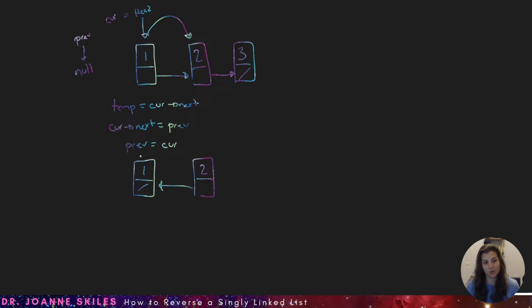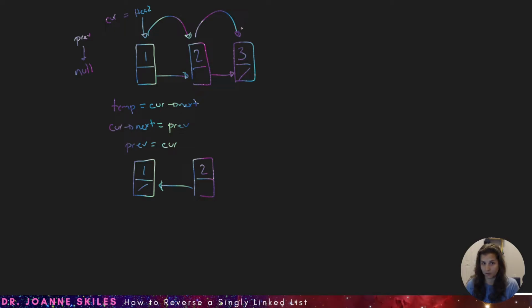And then our previous gets updated to our current. So our previous gets updated to 2. So now our previous is 2. Our temp is the current's next, which was 3. So now we're going to update our current to the temp. So it's going to move on to now 3.